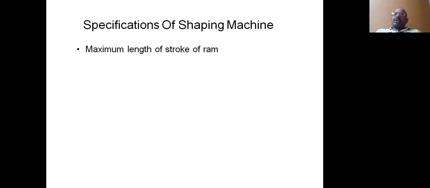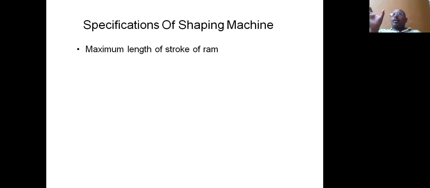So the very first one is, the shaping machine or shaper is supposed to be specified with the maximum length of stroke of the ram. It is very important. If the job width on which a flat surface is to be produced is 400 mm, then it requires a shaping machine of stroke length more than 400 mm. Understand?